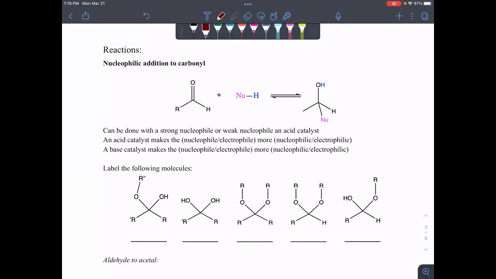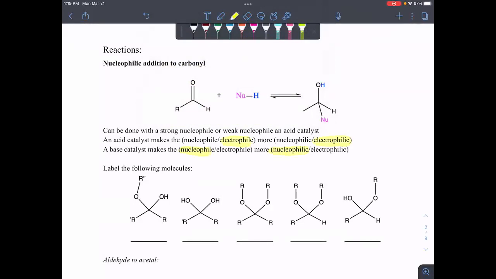An acid catalyst doesn't do anything to the nucleophile. The acid catalyst just attaches to the carbonyl and makes it much more electrophilic. So acid catalyst makes the electrophile more electrophilic. And then you could also use a base catalyst to deprotonate the nucleophile, and in that case, it would make the nucleophile more nucleophilic.